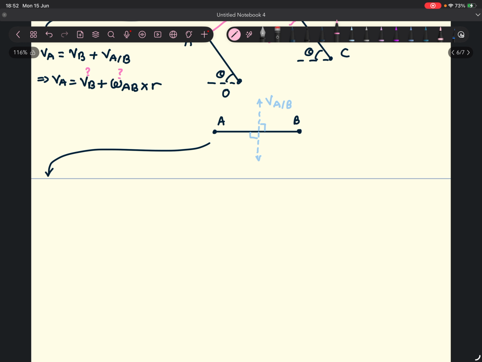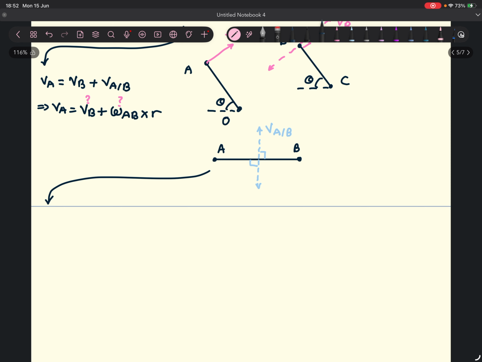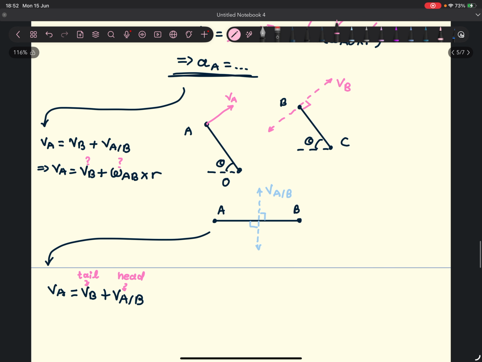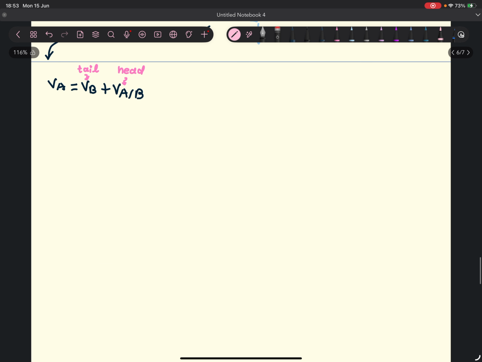So I'm going to draw in VA first, and I'm still going to take note of my equation. VA is equal to VB plus VA relative to B. I know that VA must start at the tail of VB and end at the head of VA relative to B. So I'm going to draw in the vector that I know the most information about, which is VA. I'm going to draw that in this direction.